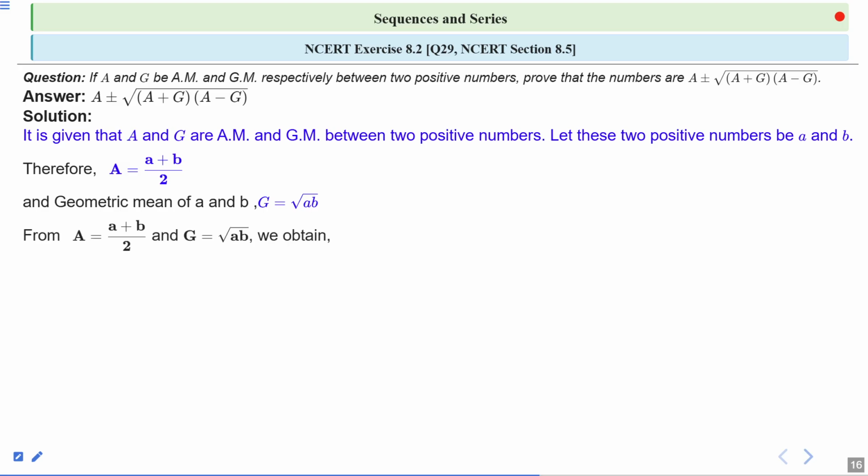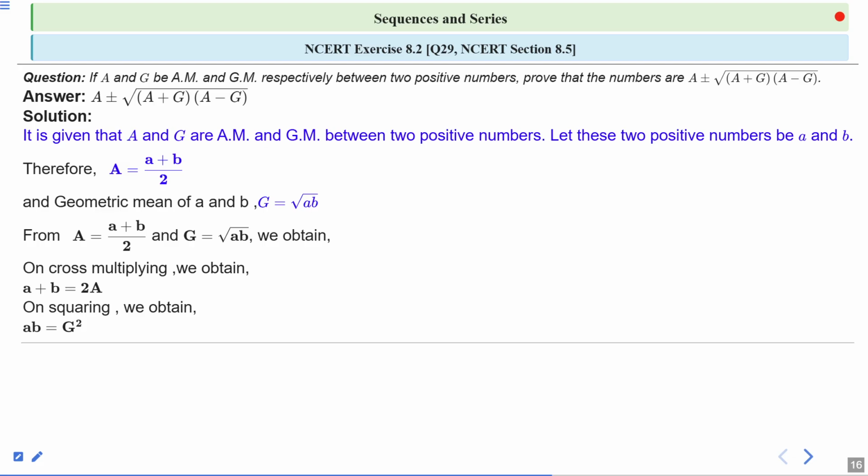Now from A equal to a plus b by 2 and G equal to square root of ab, we will obtain, on cross multiplying, a plus b equal to 2 times capital A. And on squaring G equal to square root of ab, we obtain ab equal to G square. Clear?